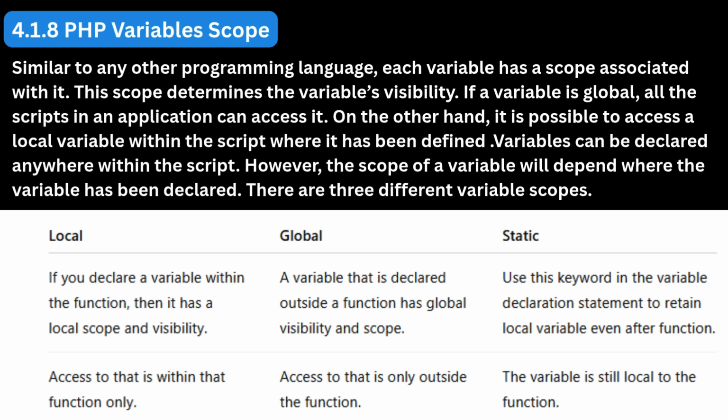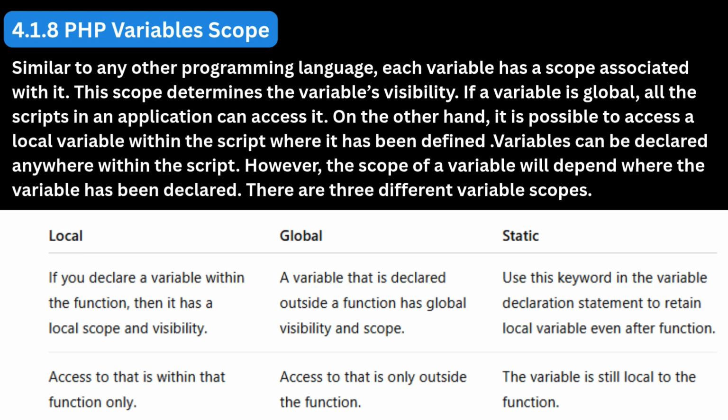For instance, if you have a global variable $x = 10 defined outside and you want to use it inside a function, you must use the global keyword, like this. function showValue() { global $x; echo $x; } This tells PHP that the $x inside the function refers to the same variable $x declared globally outside. So, global variables are powerful, but they must be used carefully. Too many globals can make your code harder to maintain.